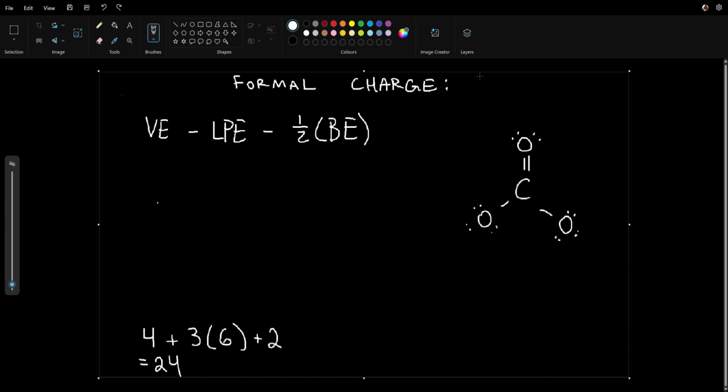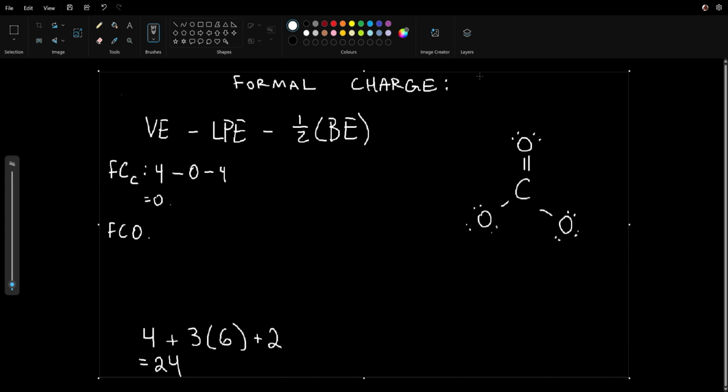So now let's look at the formal charge, so we'll write FC with subscript C for carbon. Formal charge of carbon: we have 4 valence electrons minus 0 lone pair electrons minus 1/2 times bonded, we have 4, which is going to give us 0. And next we have the formal charge of oxygen.